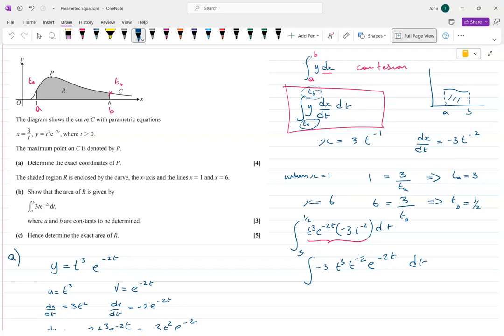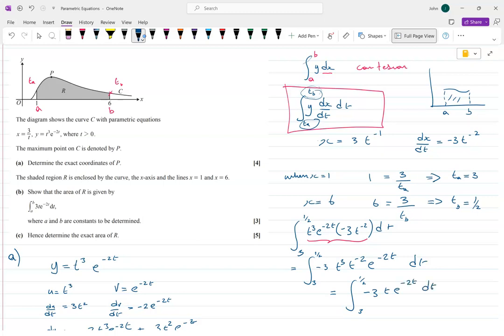These two combined to just give us t, these two combined to just give us t here. So that comes to t, let's put the limits in again. So that equals a half of 3 minus 3t e to the minus 2t dt.